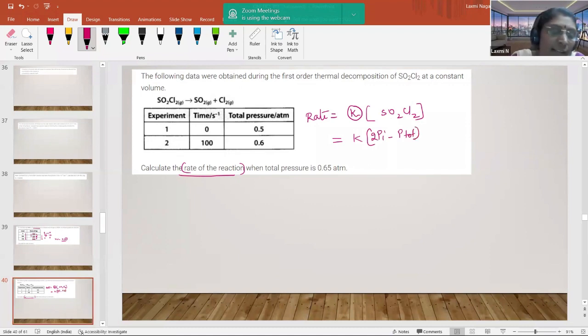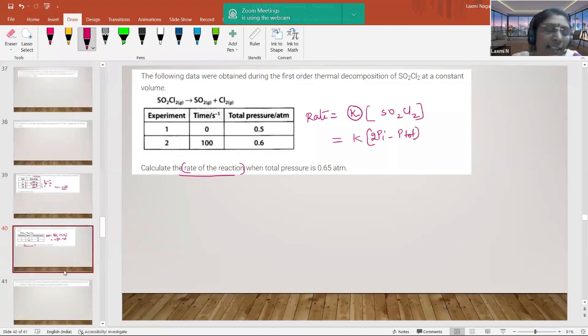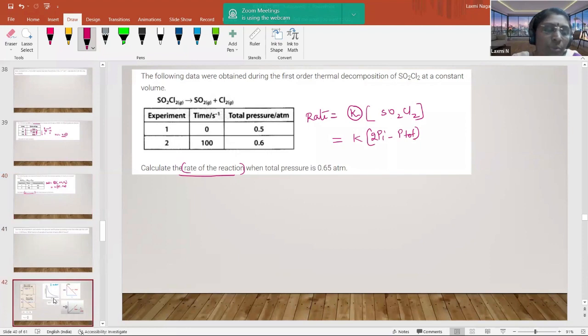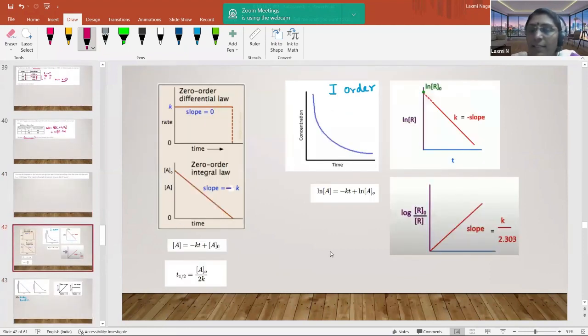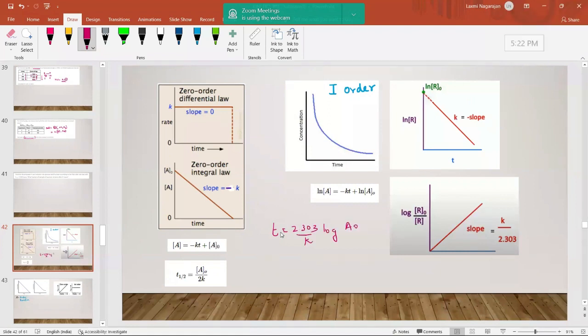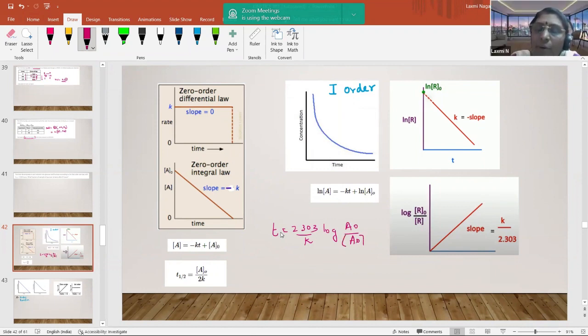I feel when we do these things, I'll have to go to the same topic again. When we write the expression T is equal to 2.303 by K log of A naught by AT, one of the very important duties is to keep defining what is this AT.